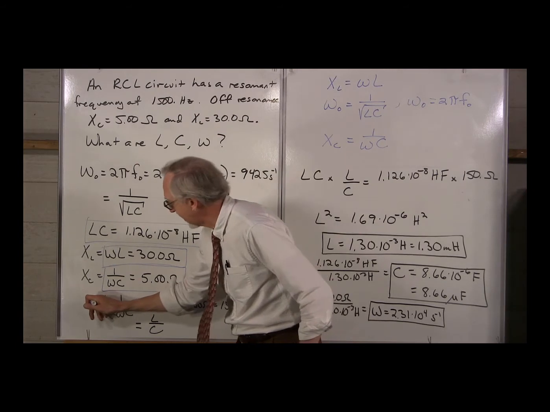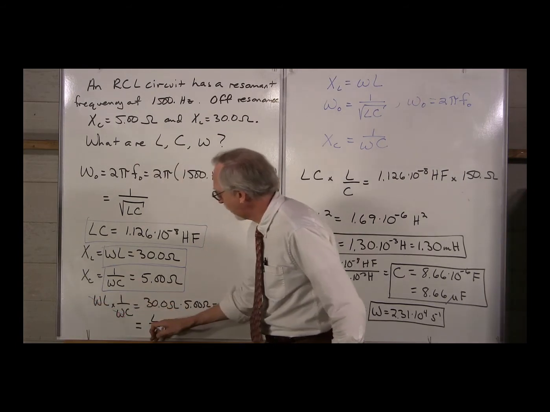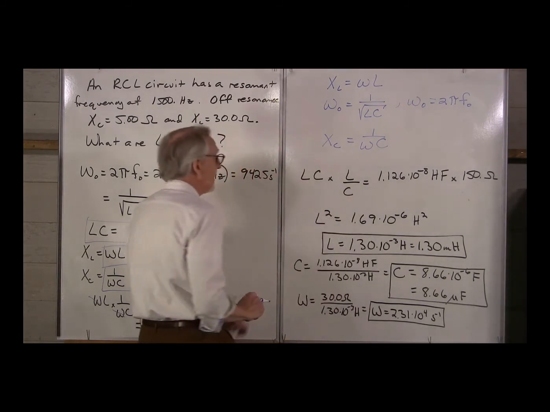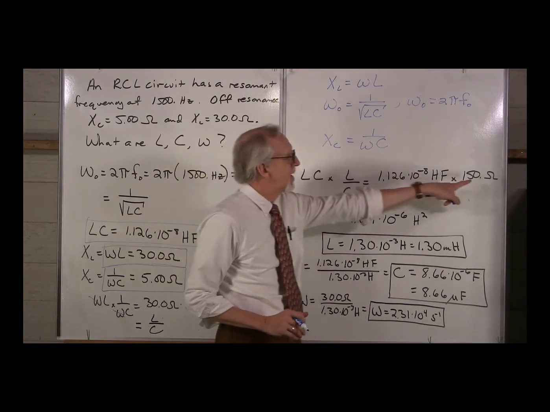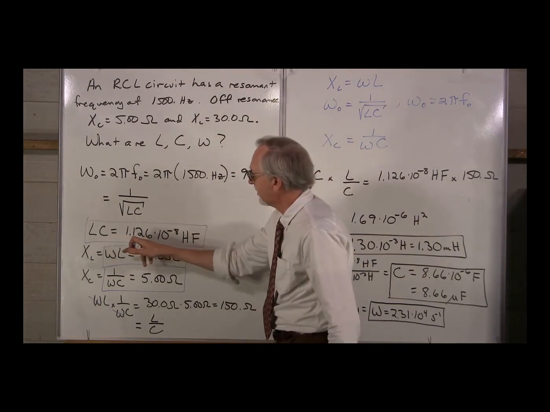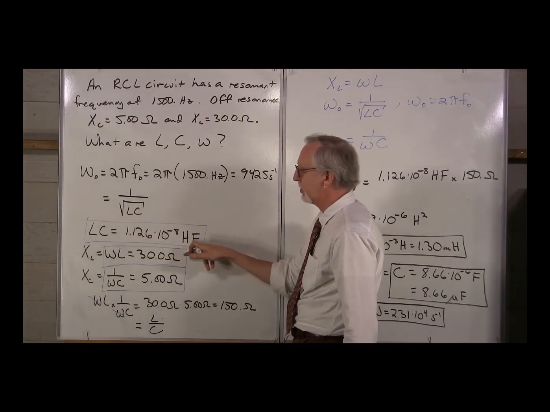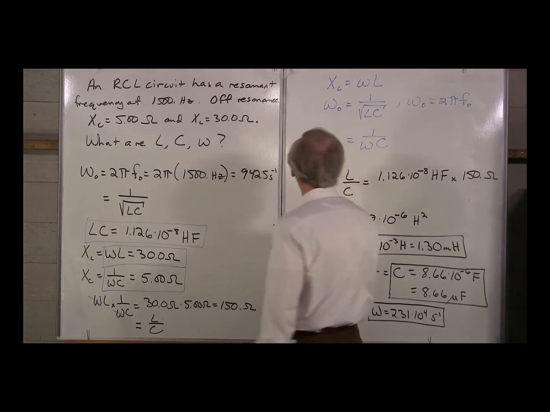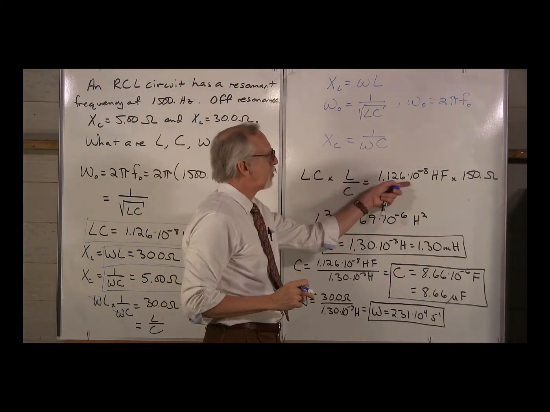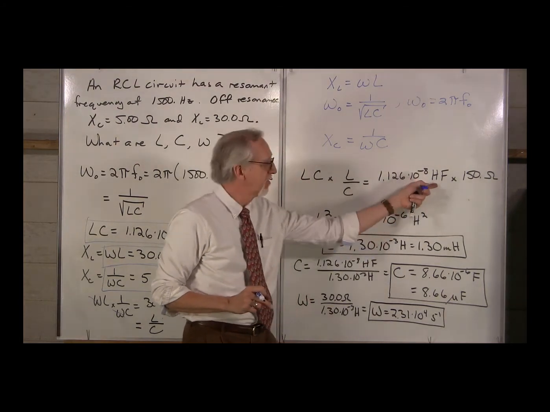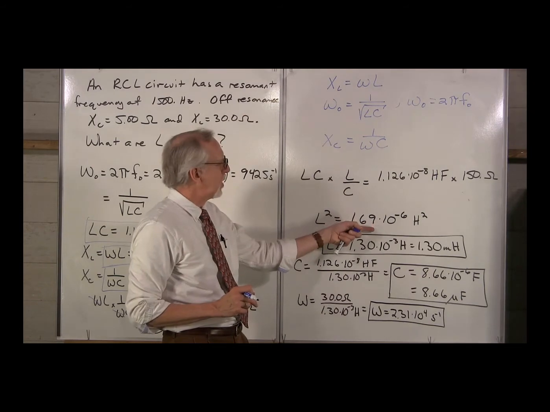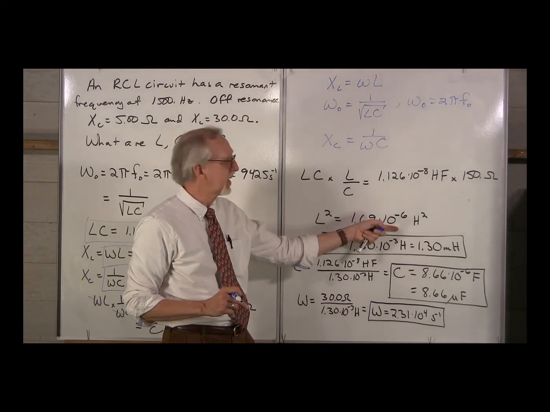We know the omegas cancel, and that leaves us with L over C. I then took L over C, which is 150 ohms, and multiplied by the product of LC, which is 1.126 times 10 to the minus 8 Henry Farad. So LC times L over C is 1.126 times 10 to the minus 8 Henry Farads times 150 ohms, which gives us 1.69 times 10 to the minus 6.